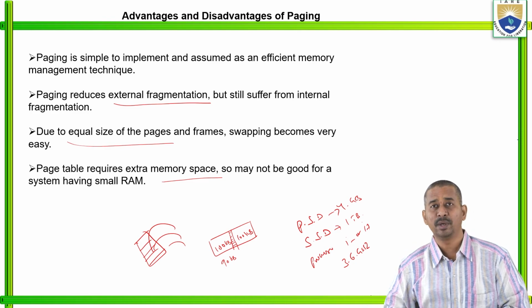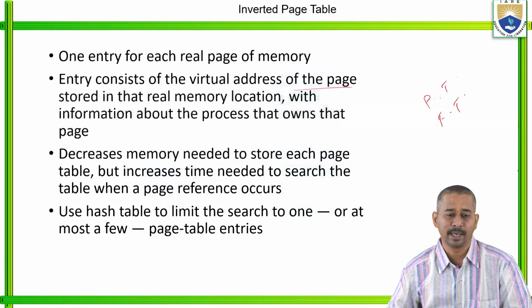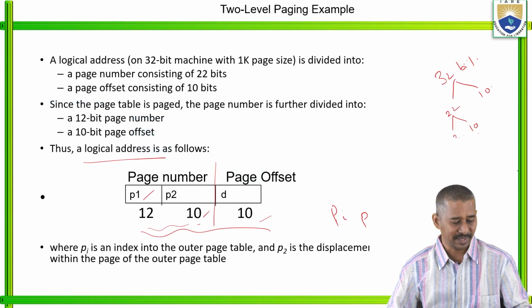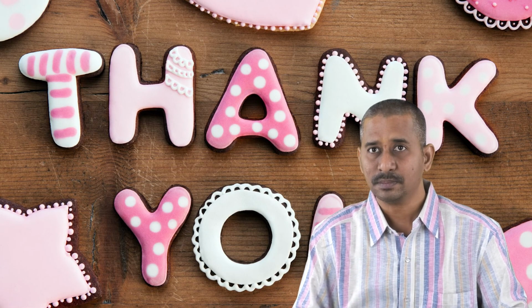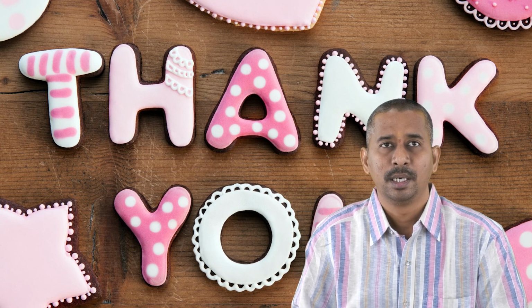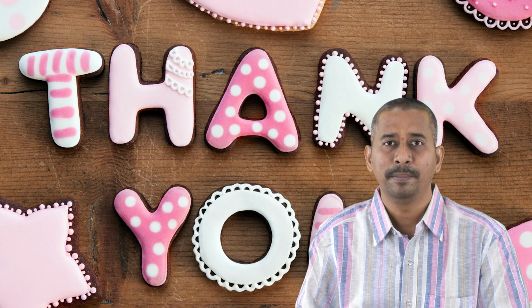So in this video, we discussed the structure of a page table. We have three categories: one is the hierarchical page table, the second is the inverted page table, and the third is the hashed page table. I hope you understand the structure of the page table. Now coming to paging, I hope the paging concept is understood.